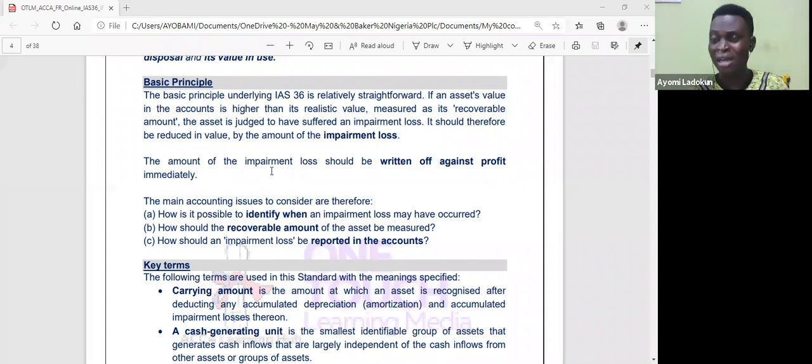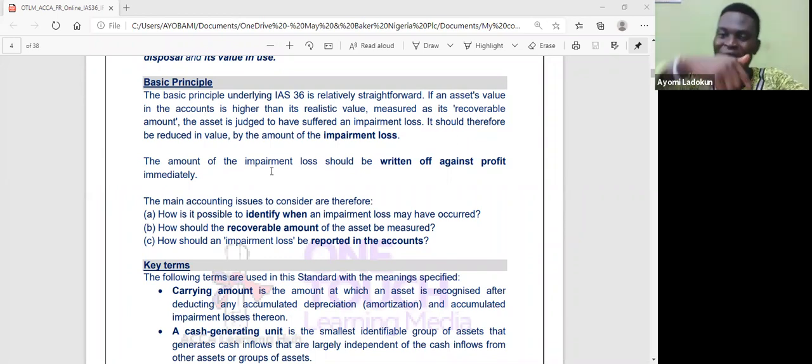Remember, I said earlier, on Tuesday when we met, there's something we call the substance over form principle. I also took you through the qualitative characteristics of financial statements, and we said under the fundamental, we have two: relevance and faithful representation. So the whole idea is this: how will I be carrying an asset whose value has diminished?